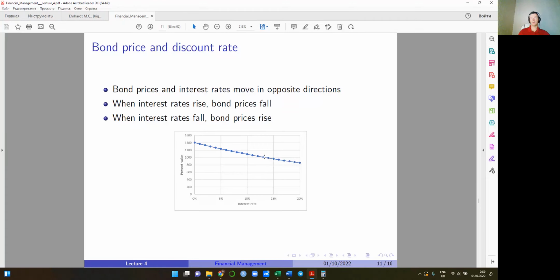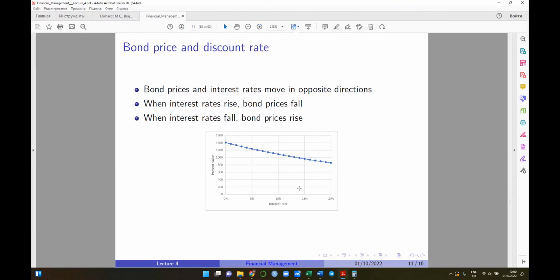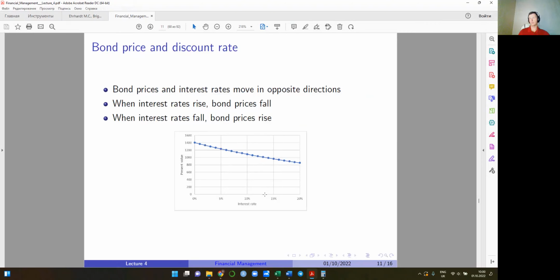Somewhere here, the market price is equal to the principal, and this is 1000. This is around 13%. Exactly what we have seen on the page.